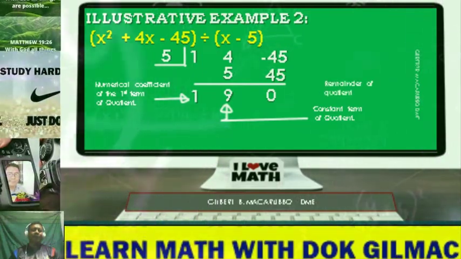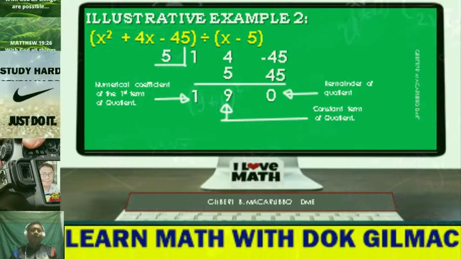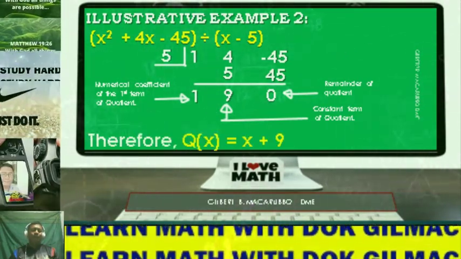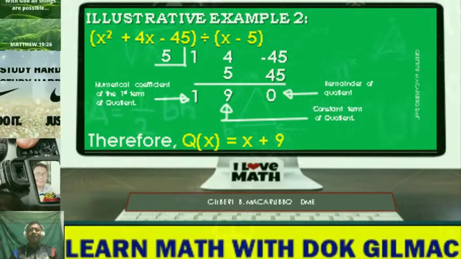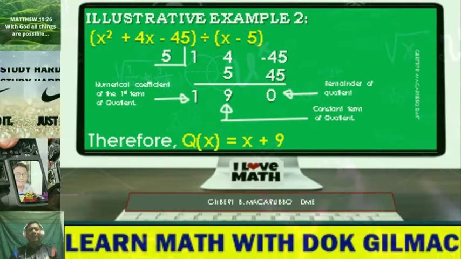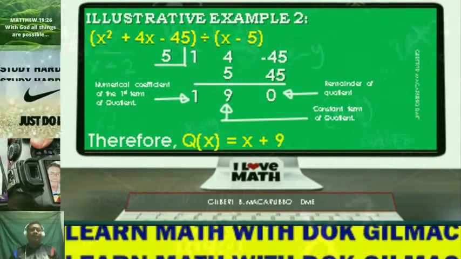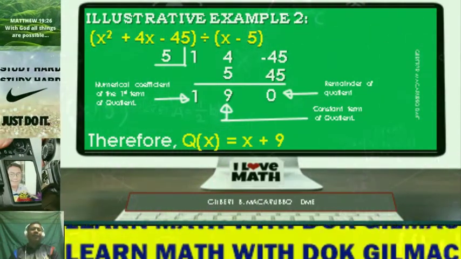And the remainder is simply 0. Therefore, the Q of x is just equal to x plus 9. So you can see it's a very limited way of finding the quotient of a polynomial by its linear factor.